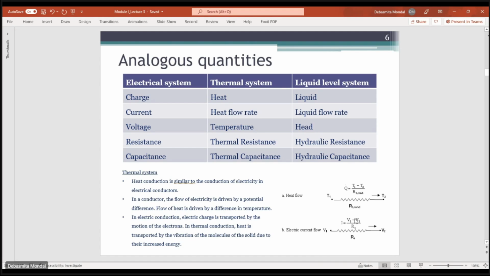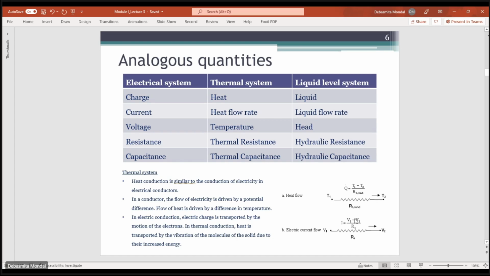If you consider a thermal system with heat conduction, let us say you have a conductor whose two ends are maintained at two different temperatures, T1 and T2, with T1 higher and T2 lower. That means there is a temperature gradient, so heat will flow from the higher temperature end towards the lower temperature end, governed by T1 minus T2 divided by the thermal resistance of the conductor.